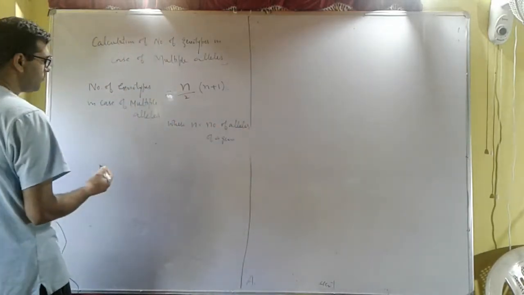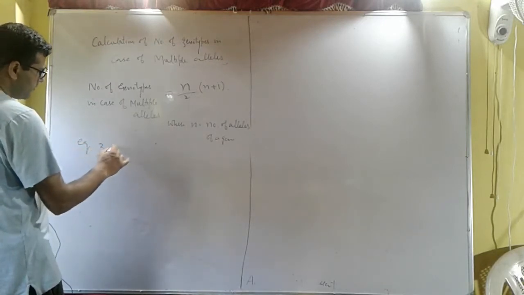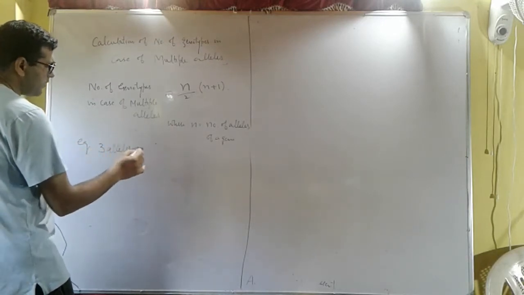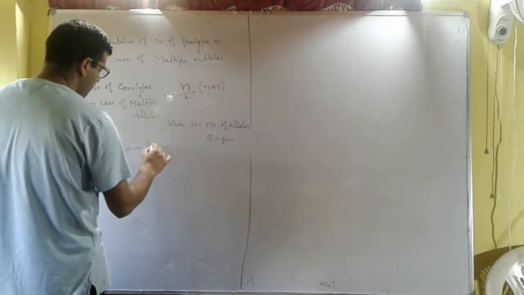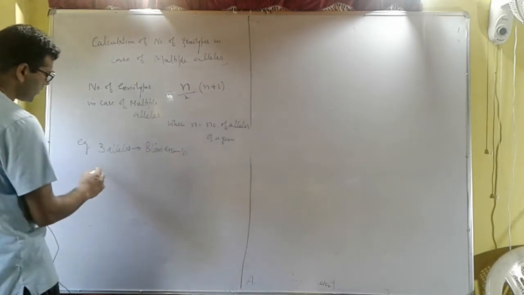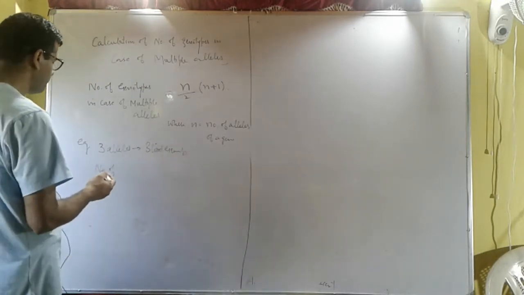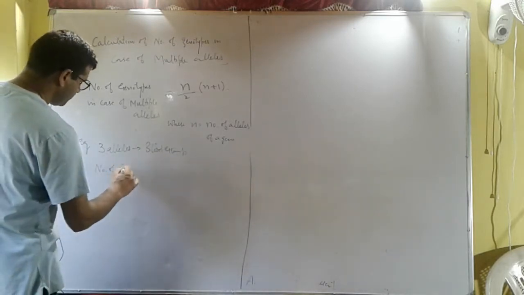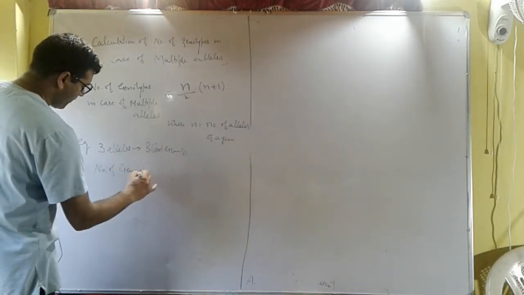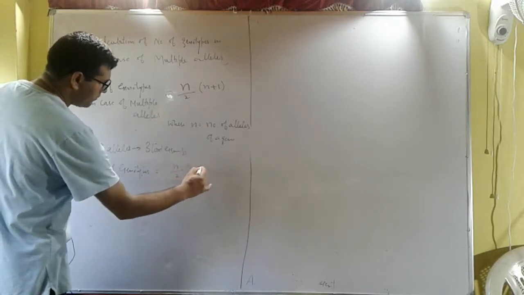For example, we have 3 alleles for blood group. How can we calculate the number of genotypes when there are 3 alleles? We have n by 2 into n plus 1.